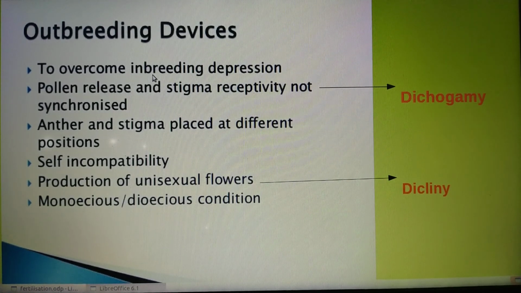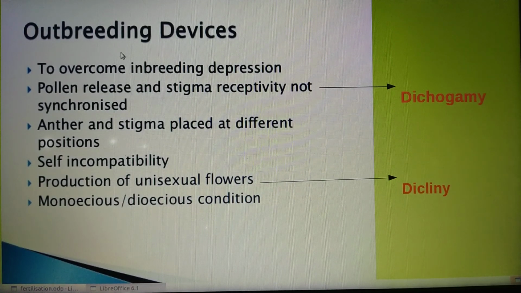The plant leads to an important stage called inbreeding depression. Inbreeding depression means the continuous inbreeding usually reduces the fertility and even productivity. This condition is called inbreeding depression.